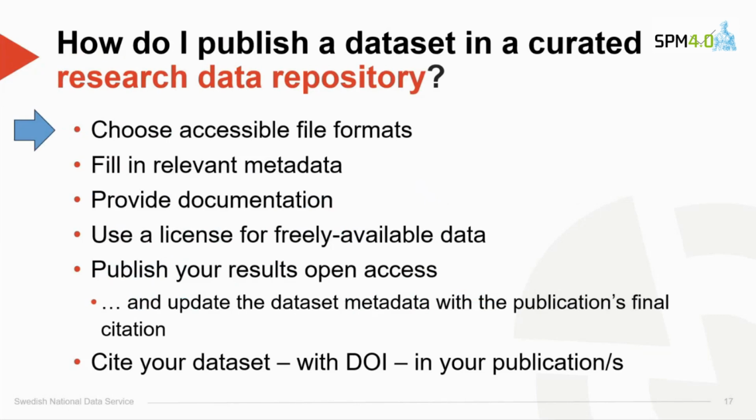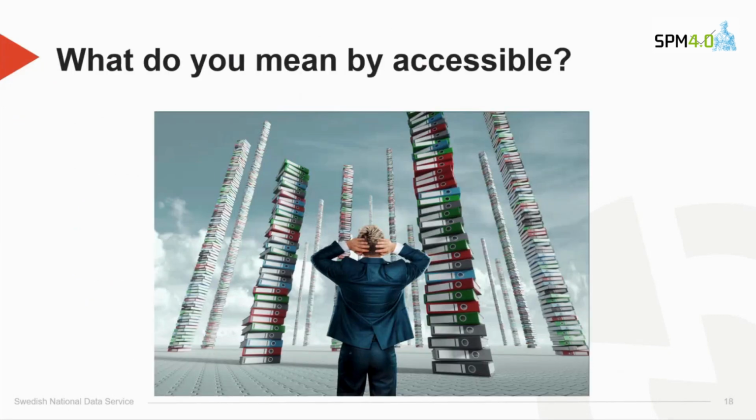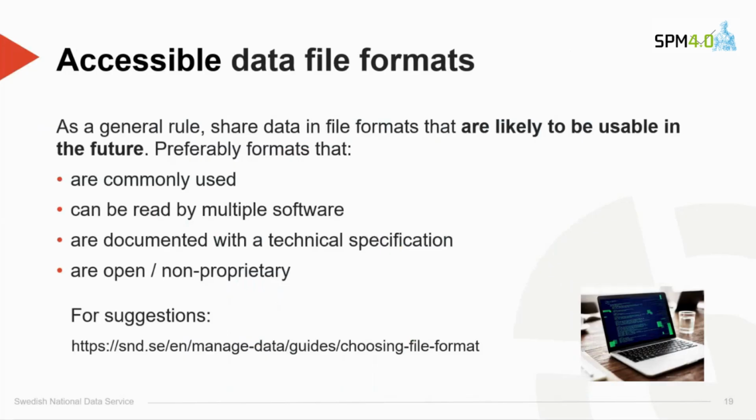So let's start with accessible file formats. What do I mean by an accessible file format? As a general rule, choose something that's likely to be usable in the future. So anything that's commonly used, that can be read by multiple software.